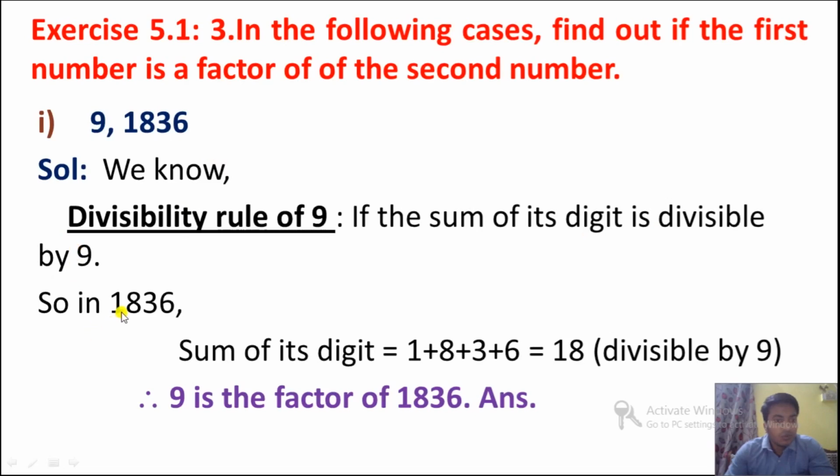So in 1836, the sum of its digits is 1 plus 8 plus 3 plus 6. When we add, we get 18, and 18 is divisible by 9. Therefore 9 is a factor of 1836. This is the answer. Clear?